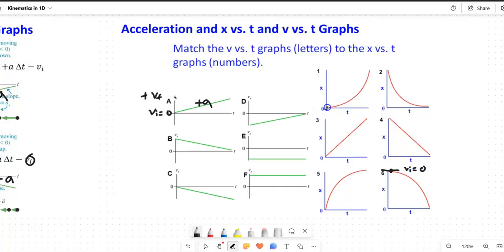And this one has a starting slope of 0. But we're looking for later on, it then has a positive velocity, which is going to be a positive slope. So later on, here we go, if we put a dot here, that final velocity is positive. So A matches up with 1. So A is 1.